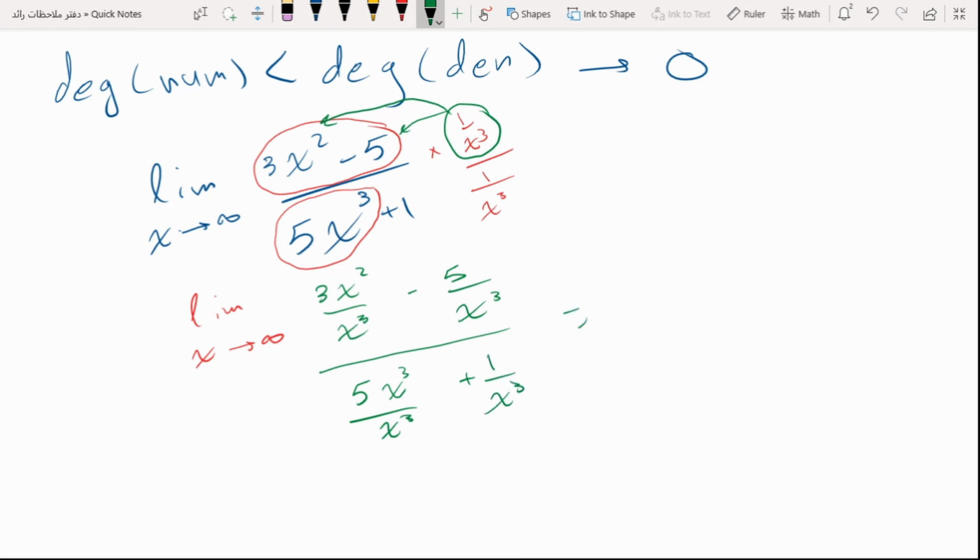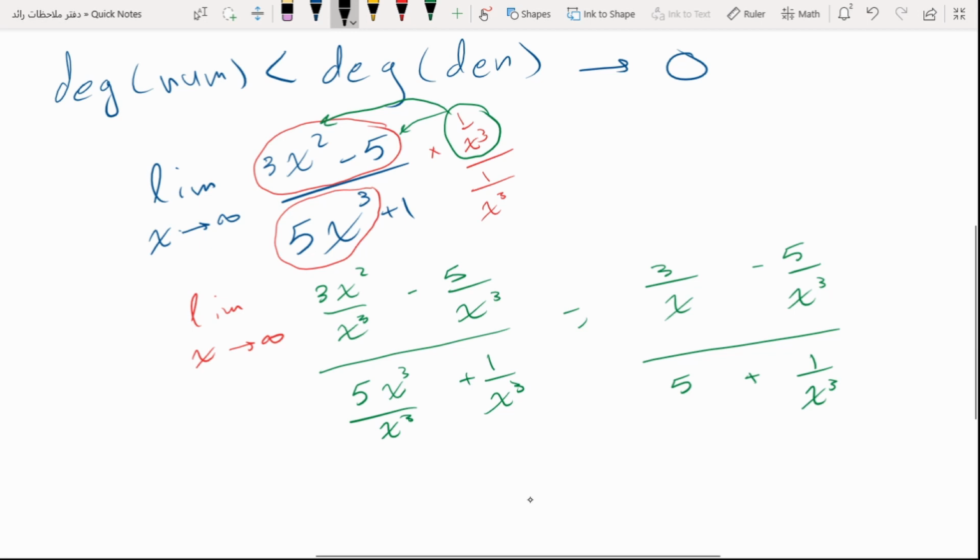By simplifying, it will be 3 over x, negative 5 over x to the power of 3, over 5 plus 1 over x to the power of 3.